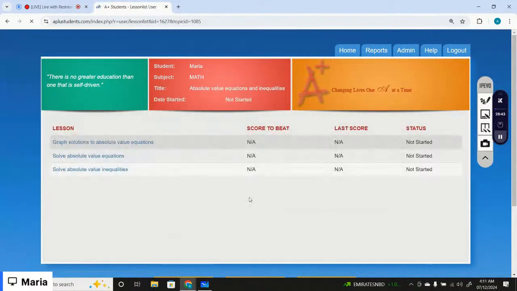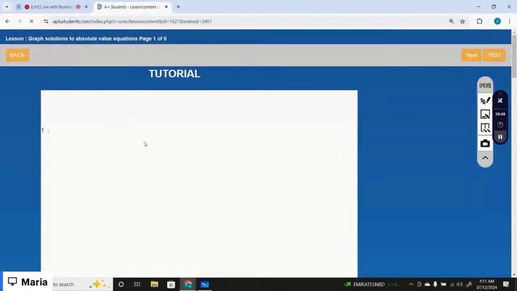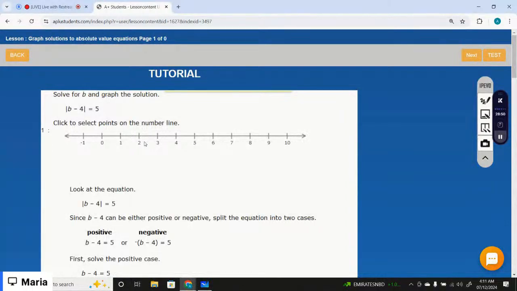Okay, here it is. Graph solutions to absolute value equations. Solve for B and graph the solution.